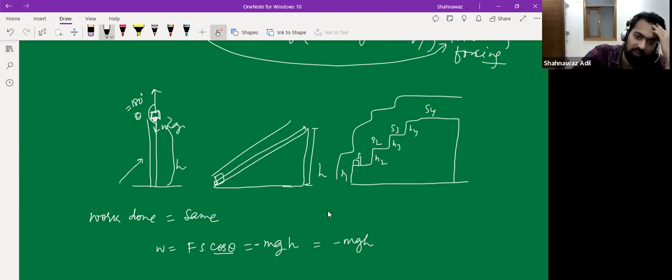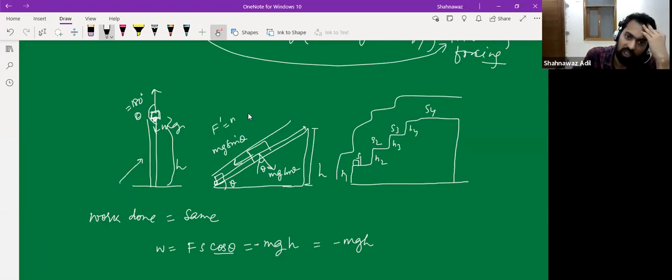And let's calculate the work done for this case. Here we have this theta, this is theta, right? This is mg cos theta, this is mg sin theta. So the force here is mg sin theta.